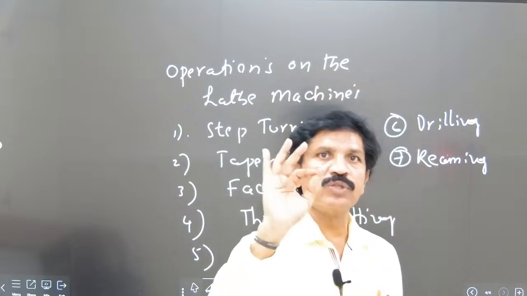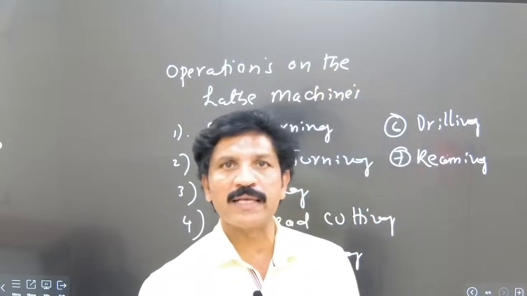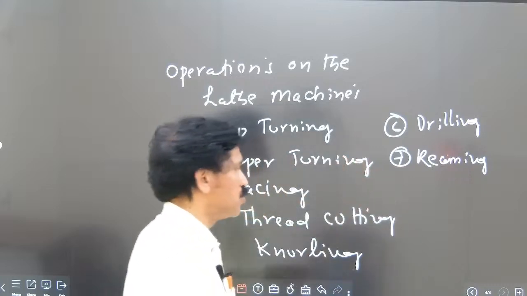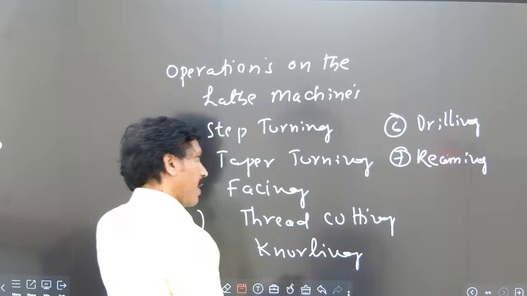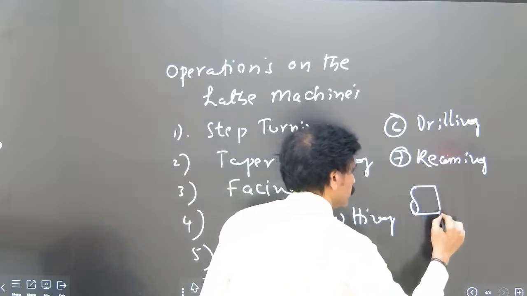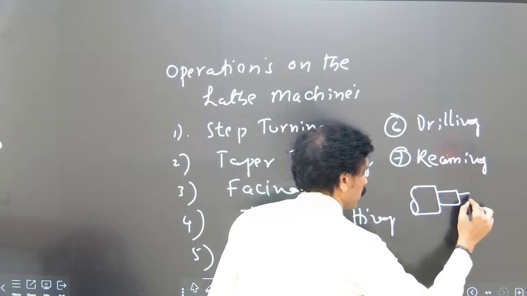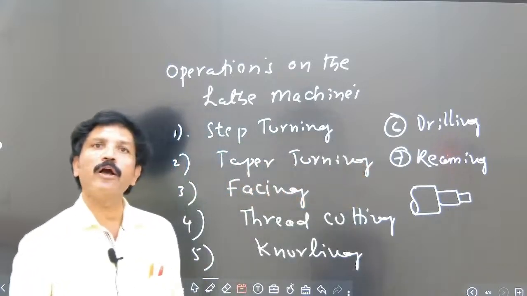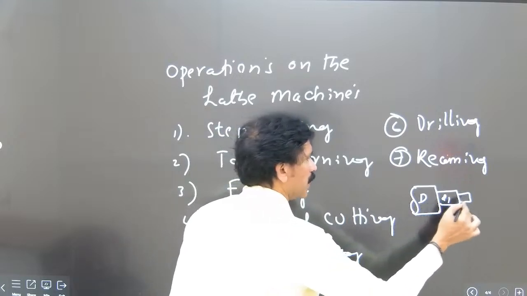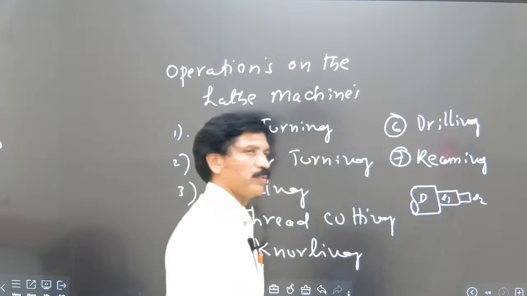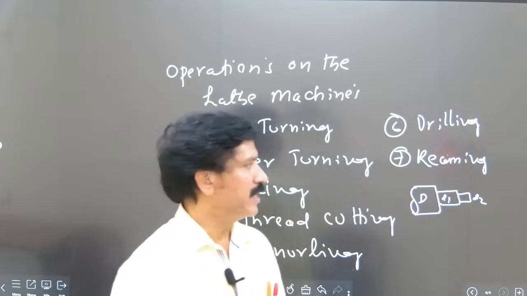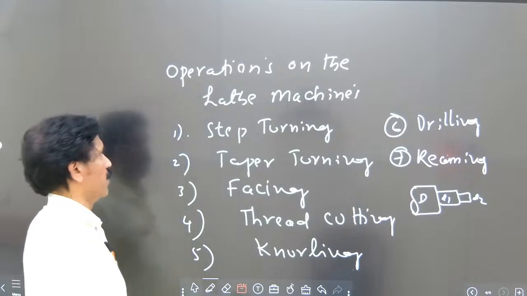This kind of operation is called the step turning operation. I will show the diagram also. See this one. This is the step turning operation: capital D, small d1, small d2. There are different diameters with different lengths. It is called the step turning operation.